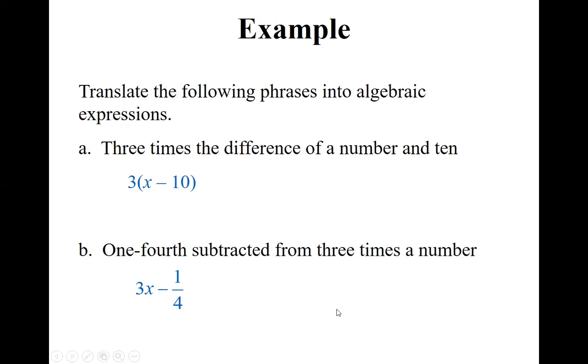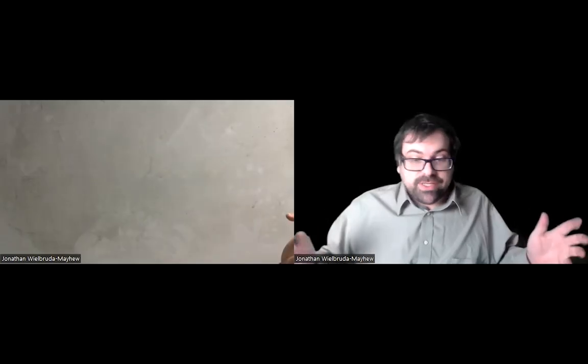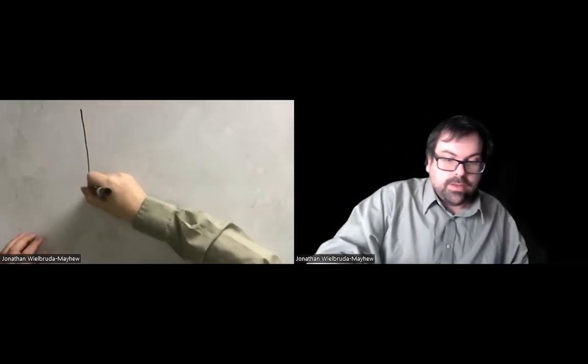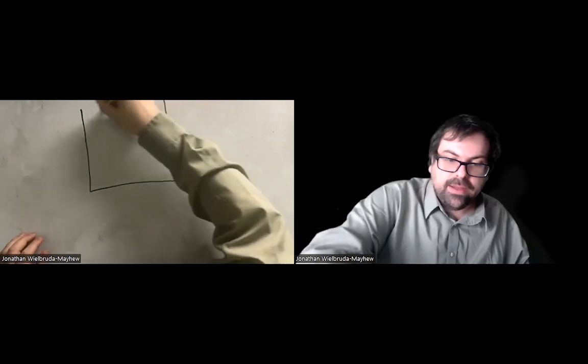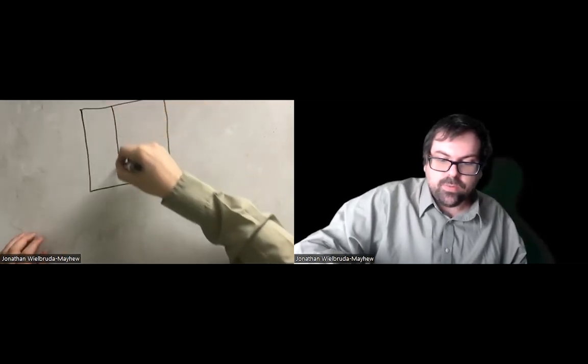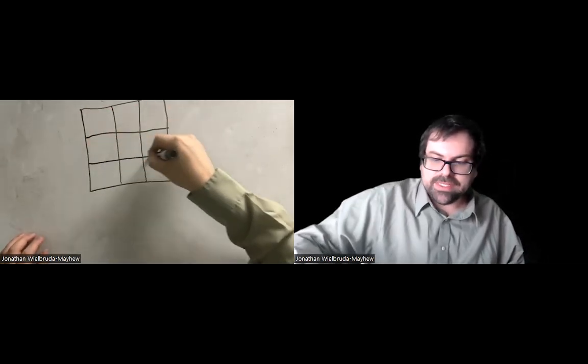Okay, that's it. Fractions. We imagine we had this square split into, even if it doesn't look like it because of my drawing, 9 equal pieces.